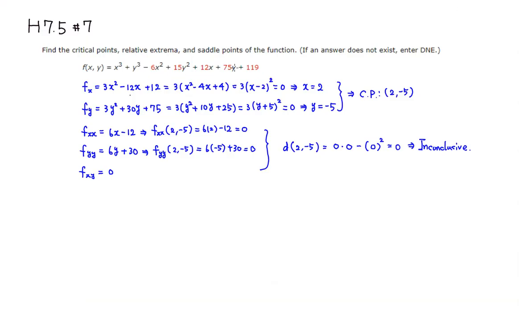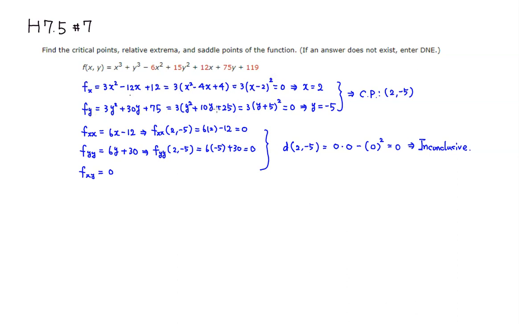If you pay attention to the partial derivative, in the x direction, the partial derivative is this square form, which means that it's never negative. So it's non-negative, which means that in this direction, the function is getting larger and larger as the x value gets larger. So there's no hill or no valley.